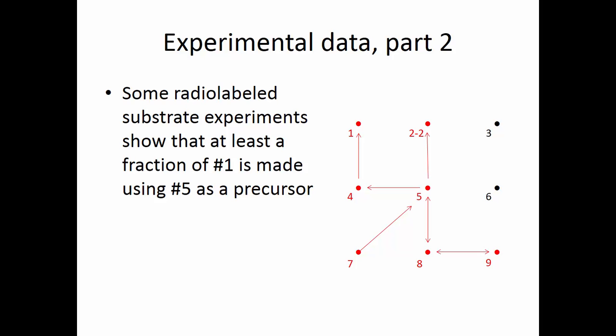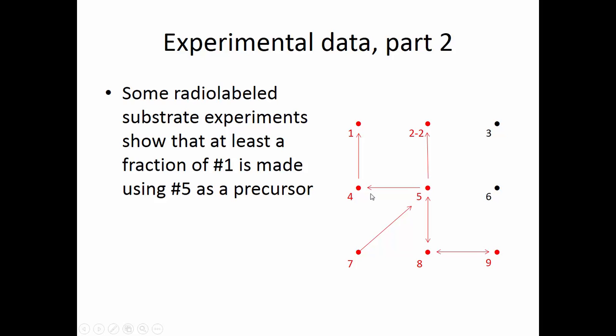So, some radiolabeled substrate experiments can show that at least a fraction of number 1 is made using number 5 as a precursor. So, sorry to those of you that thought we were getting a bonus amount of number 5 to feed to number 2 because of this 7 to 5 link. Of course, we're not really saying where 7's coming from at this point.